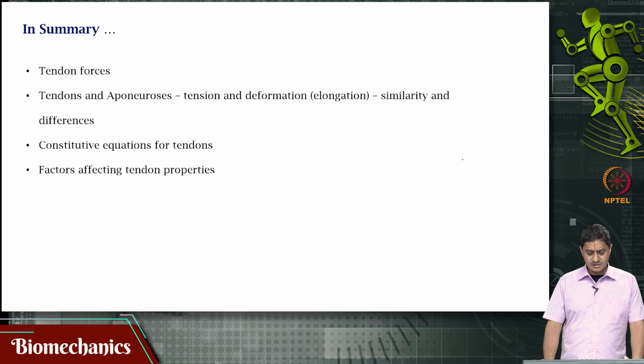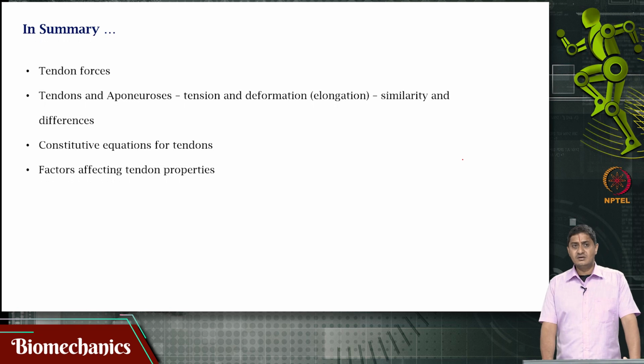We looked at the similarities and differences between tendons and aponeurosis in terms of tension and deformation, what constitutive equations we use for tendons, and the factors that affect the mechanical properties of tendons. We looked at aging, disuse, gender, and exercise.